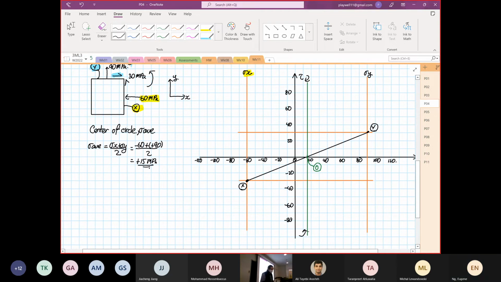Okay. So the procedure is very fixed. First you determine the center of your circle. Very fixed.